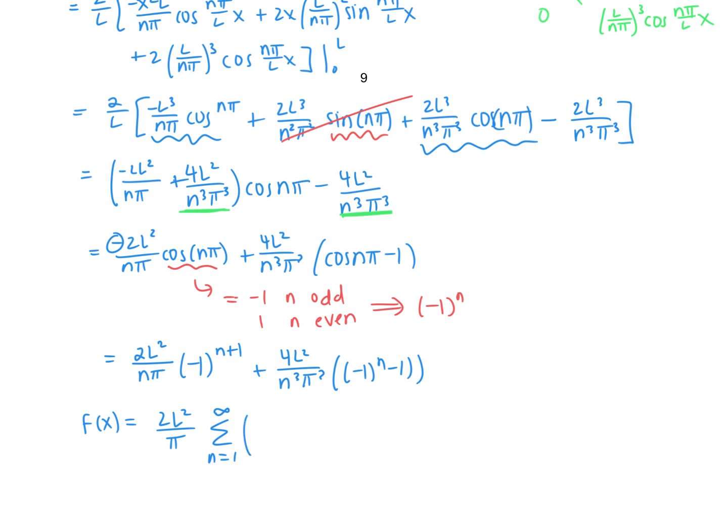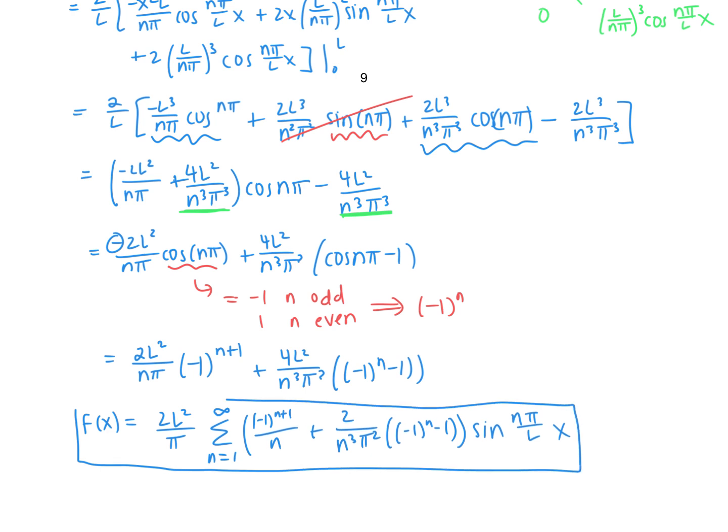So my coefficient ends up being negative 1 to the n plus 1 over n, add 2 over n cubed pi squared times negative 1 to the n subtract 1, sine of n pi over L x. So this is our half-range expansion in a sine series.